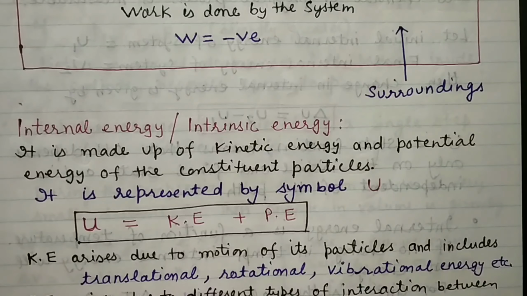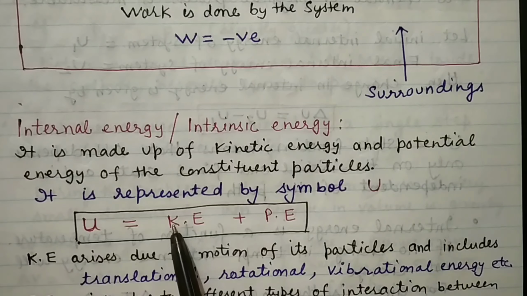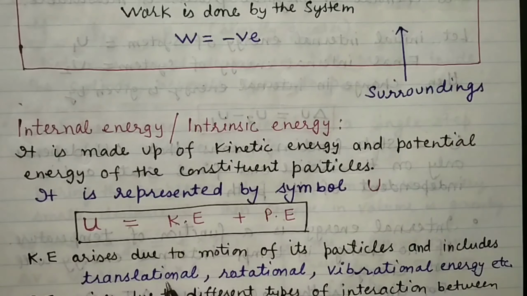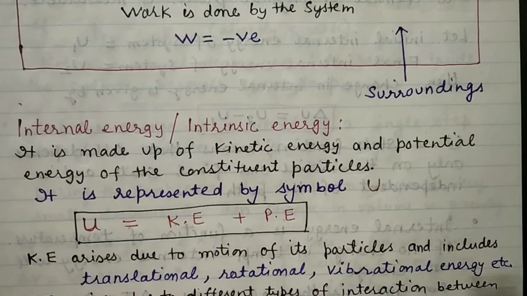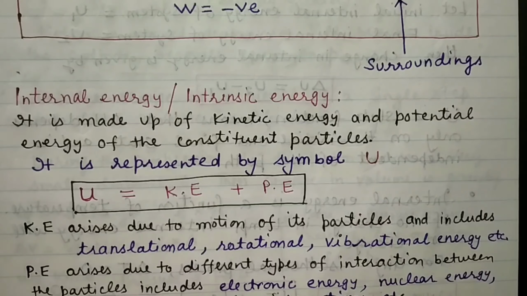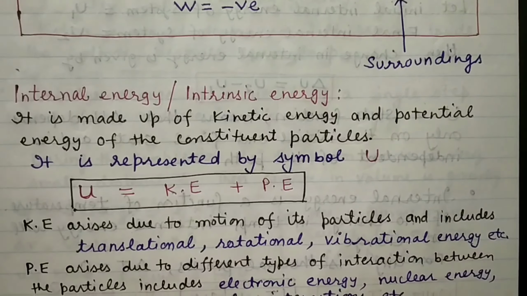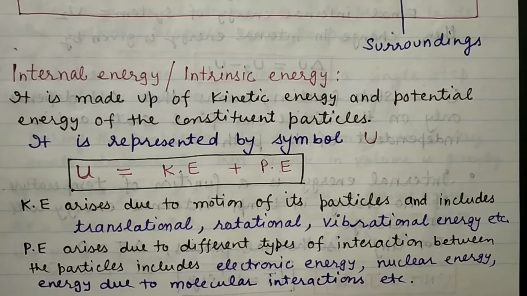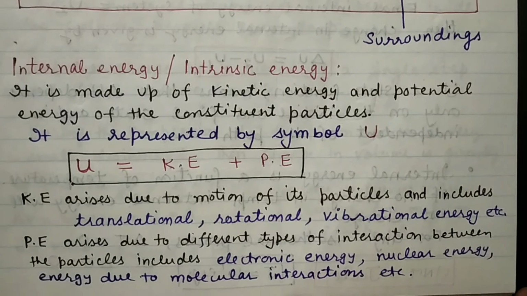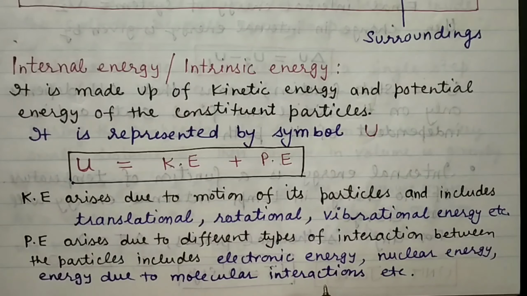The motion associated with kinetic energy arises due to translational, rotational and vibrational energy. Similarly, the potential energy arises due to different types of interactions between the particles, like electronic energy, nuclear energy, and energy due to molecular interactions.